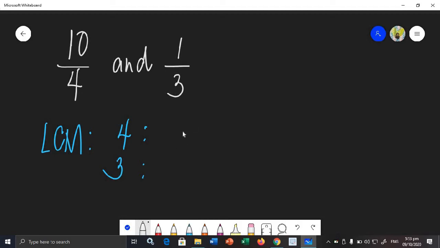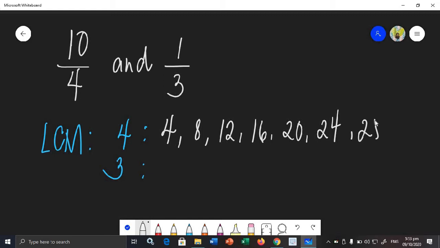So when we list the multiples of 4, it should be 4, 8, 12, 16, 20, 24, 28, 32, and so on and so forth. I just wrote an ellipsis, meaning it is continuous. But I'm not going to write all the multiples.